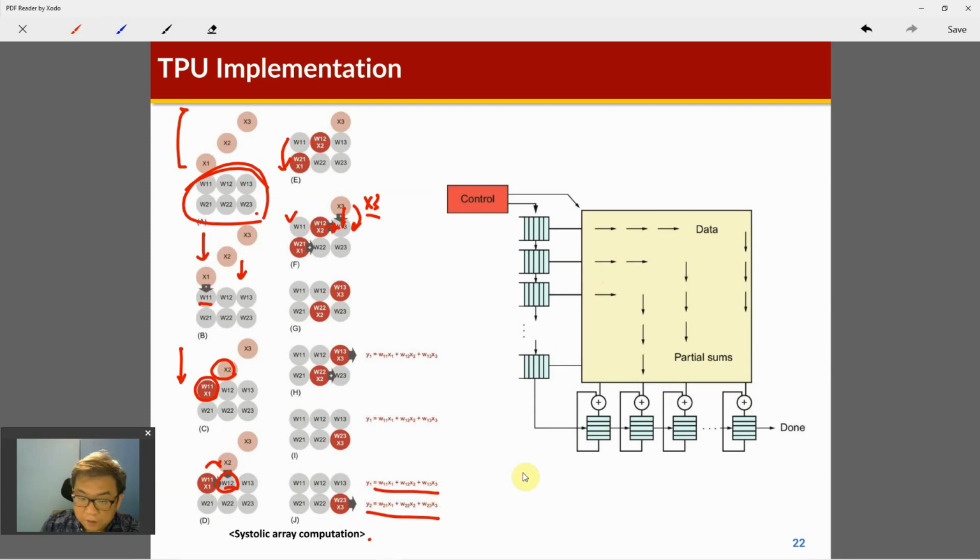The TPU hardware also supports this data computation and data movement efficiently. So data is moved right here, and partial sums are moved from top to bottom. So this is the direction of the partial results, and these are the directions of the data. So it's the data for the TPU matrix multiplication, and the weight is here.